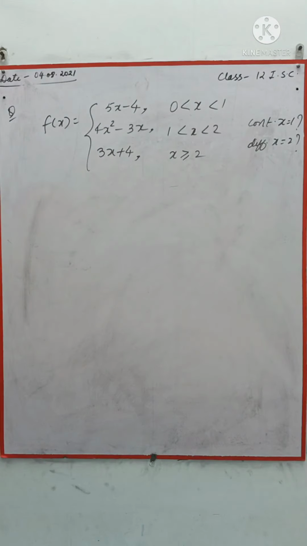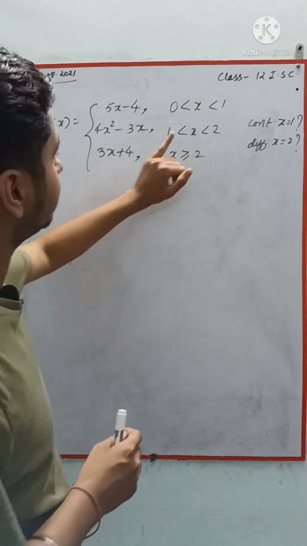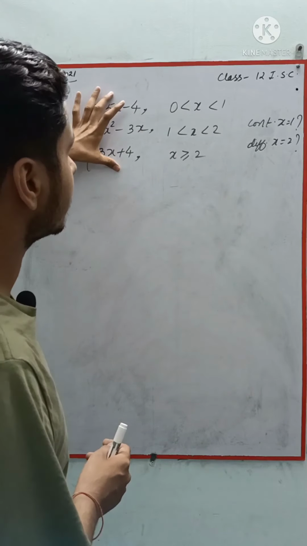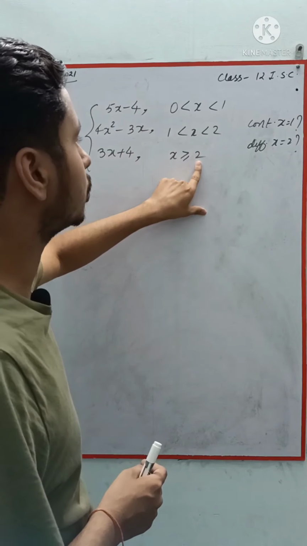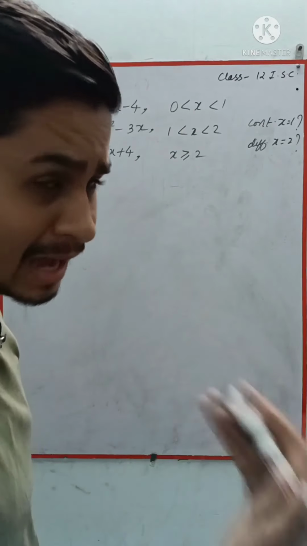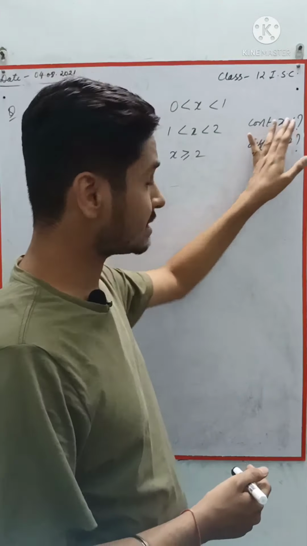Okay, so see, we have the 3 things. That means this function is defined in these 3 ways, where x is from 0 to 2. That means it is greater than 0 but less than or equal to 2, and they are asking whether it will be continuous at x equal to 1. So here our f(x) is not defined at x equal to 1.